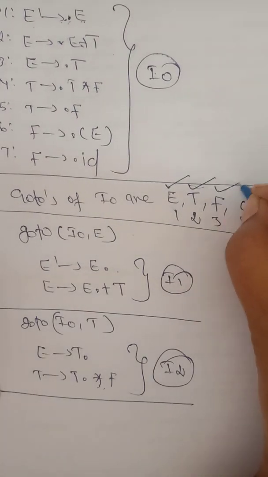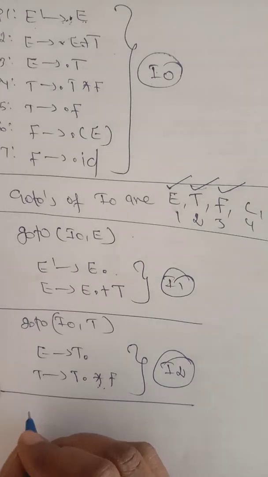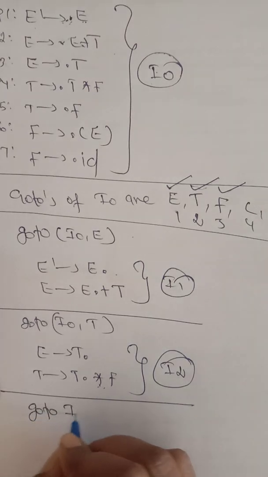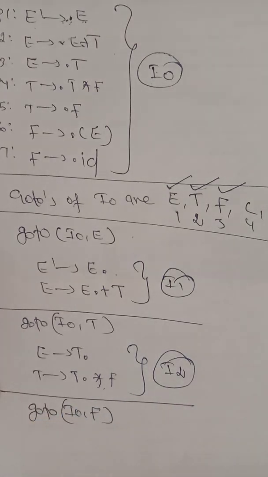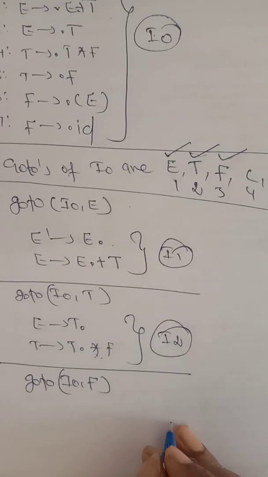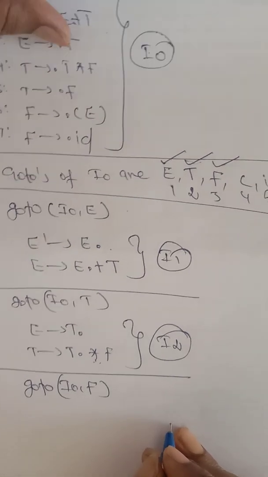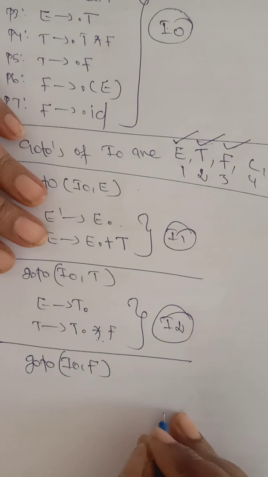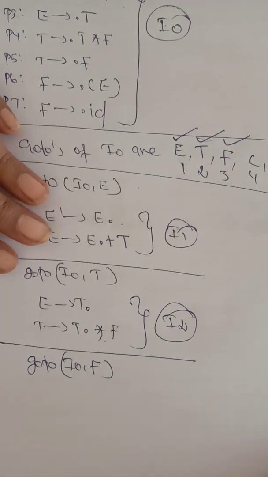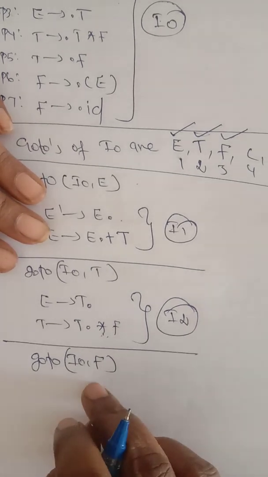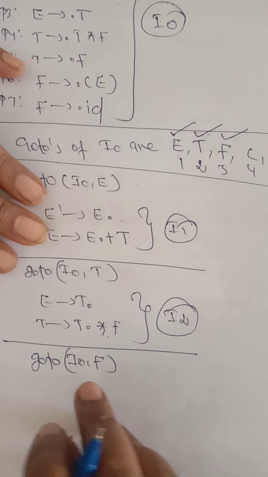Next apply goto I0 comma F. Then check I0 where we are having F immediately after the dot operator. Consider that for the goto operation.